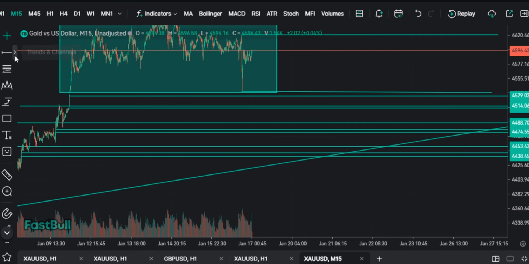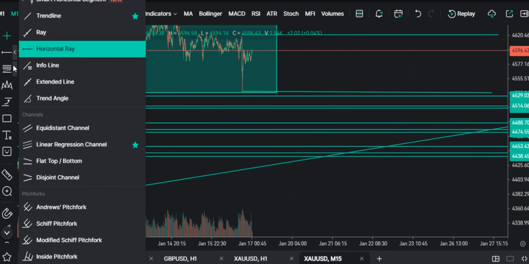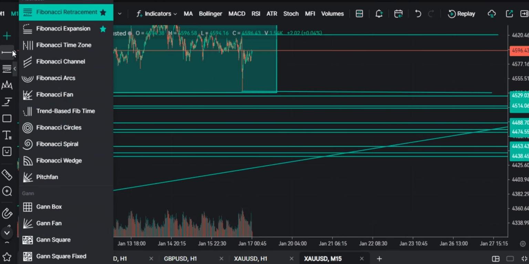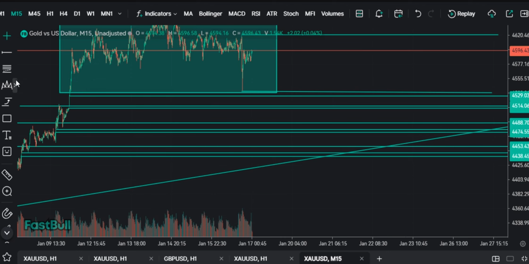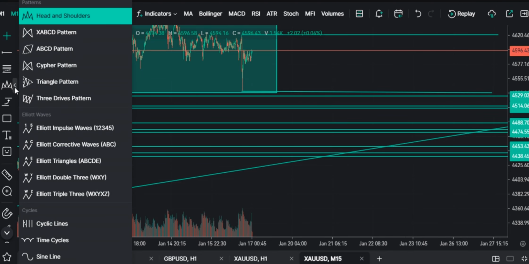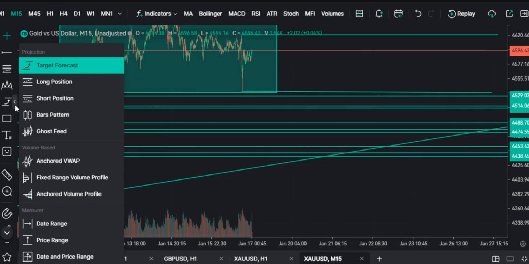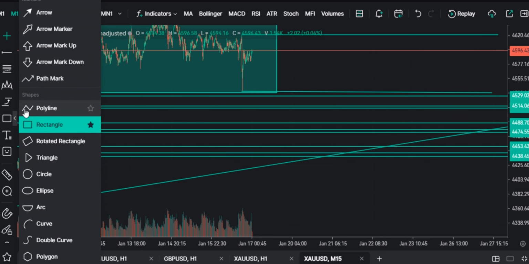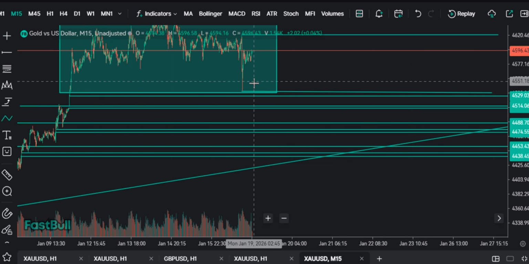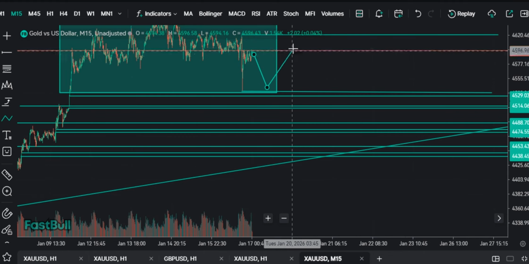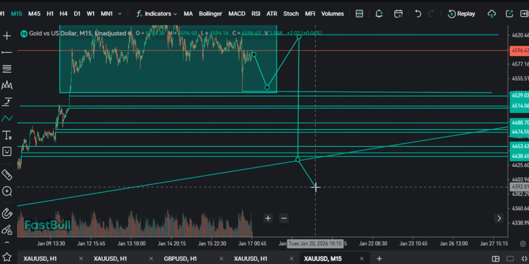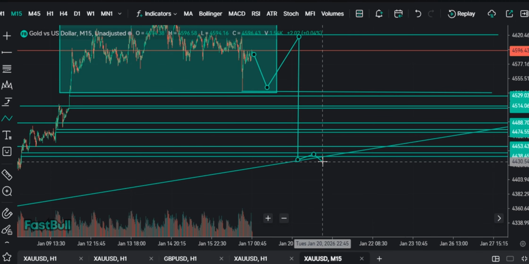So if, for example, the market comes to this zone here, let me show you. If the market comes to this particular zone here, let me show you. If the market comes to this zone here and reaches this particular zone, that means you can actually consider buys.